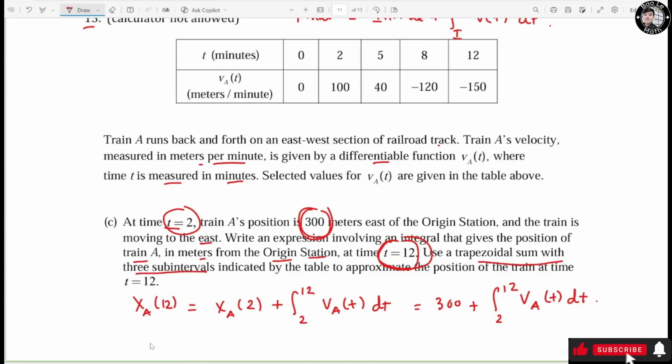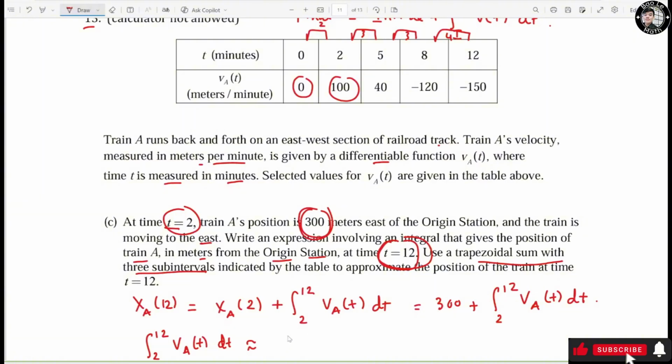So the integral from 2 to 12 of v_A of t dt is approximately, now the widths right here are 2, 3, and 4. So base 1 is 0, base 2 is 100, and the height is the width.